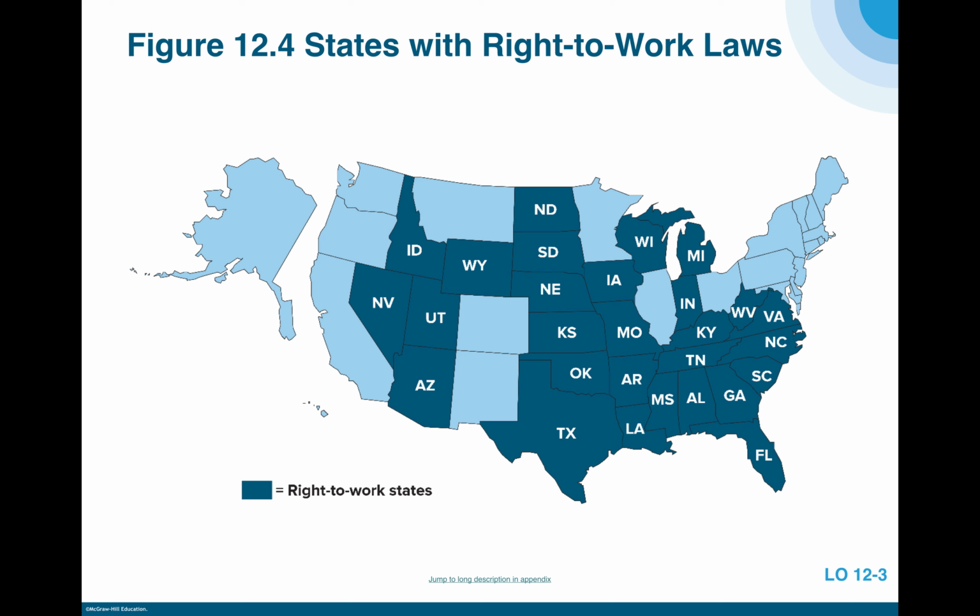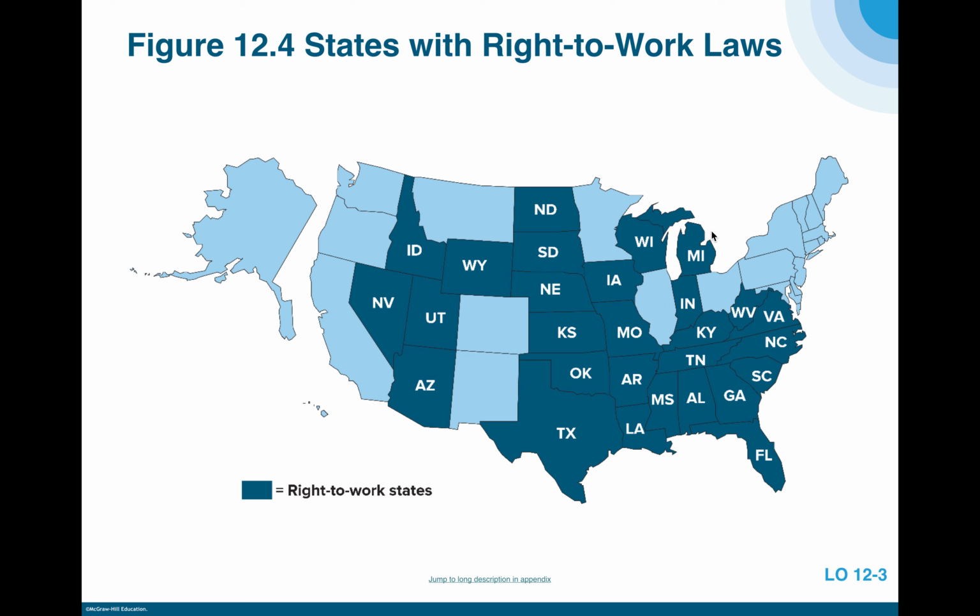So, states with right to work laws. Here in Illinois, we are not a right to work state, and Wisconsin, they are a right to work state. If you look around the landscape, there are quite a few right to work states currently out there. Like I was talking about, between Democrats and Republicans, typically Illinois is a very Democratic state.